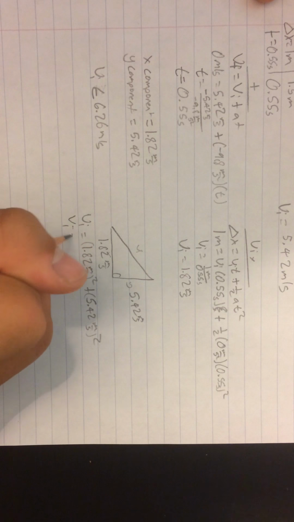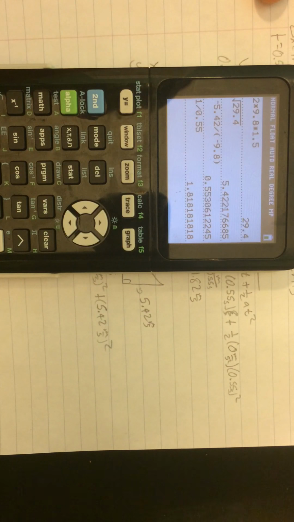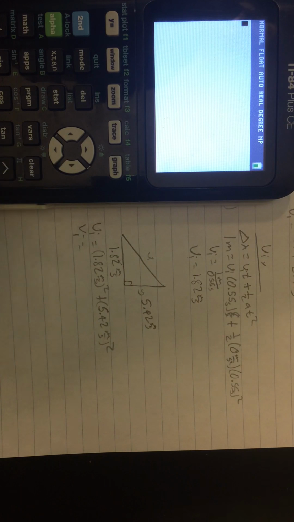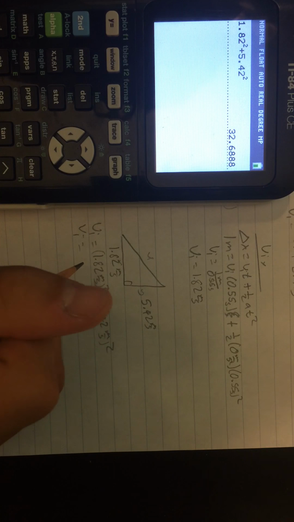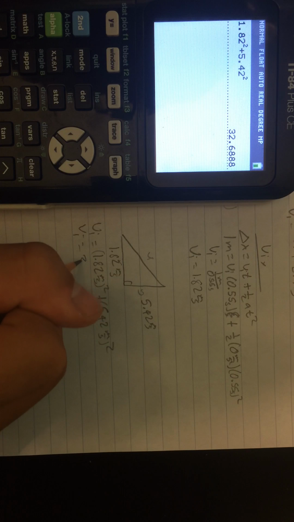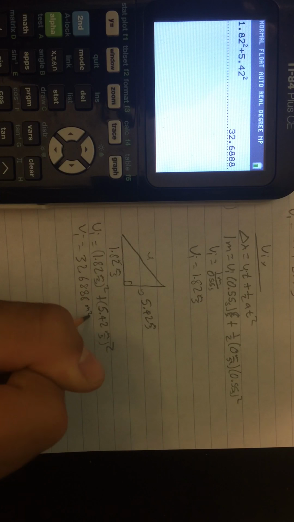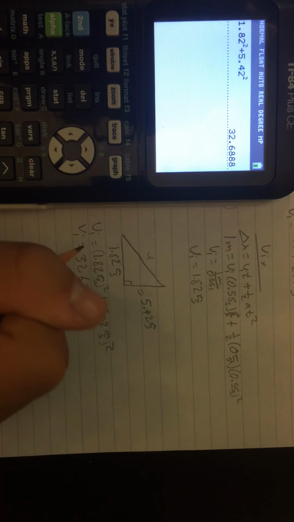So you do this on the calculator: 1.82 squared plus 5.42 squared, and you get 32.6888 meters squared per second squared.